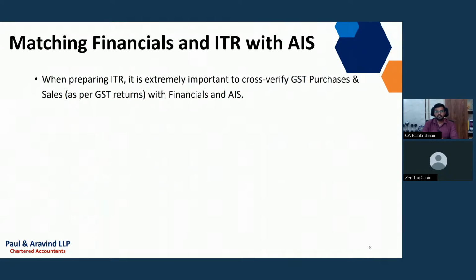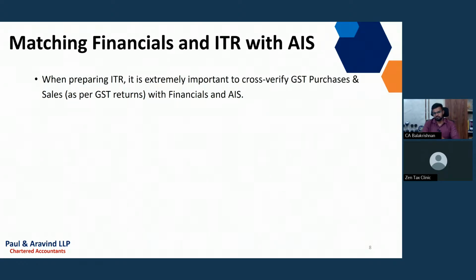And we will directly get into the topic, matching the financials with ITR and AIS. This is a very crucial point while preparing the income tax return or financial statement, as the case may be, because we need to verify the GST purchases and sales reported in AIS that are already available with the department.